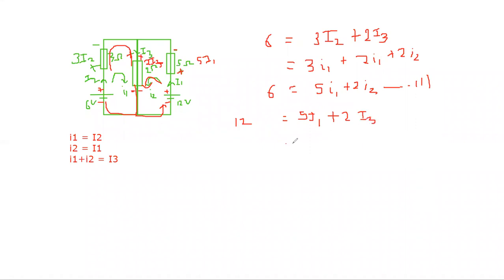Again, these are branch currents and you have to convert them into loop currents. 5 capital I1 is 5 i2, and 2 I3 is 2 times i1 plus i2. So your equation is 12 equals 2 i1 plus 7 i2.